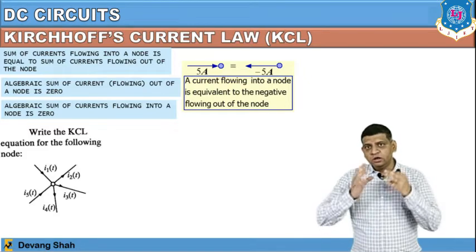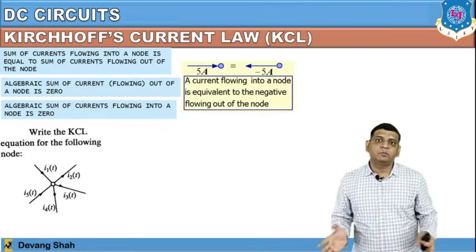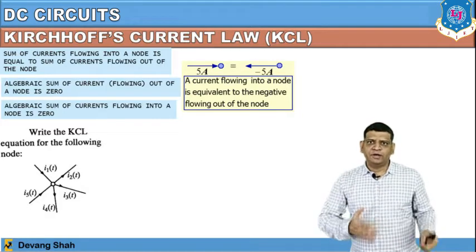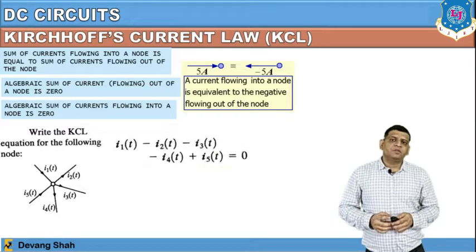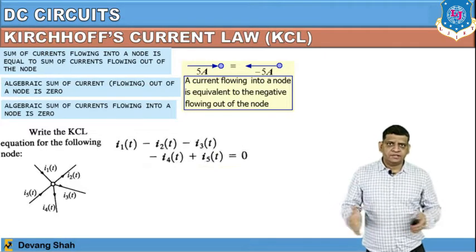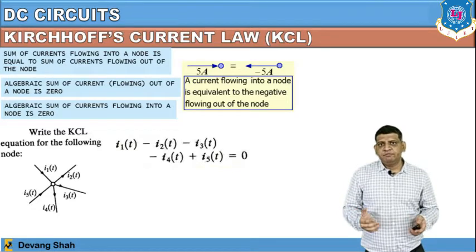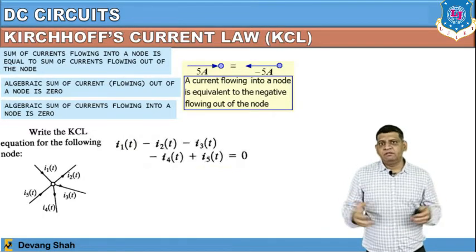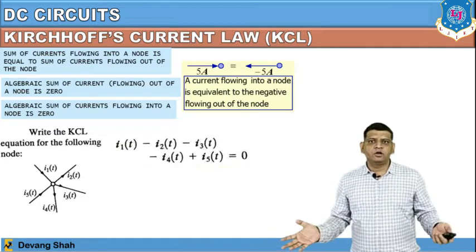So ultimately, the algebraic sum of current must be equal to 0 at a particular node. This is called the statement of Kirchhoff current law, right? So you can see in the circuit, 3 currents are leaving, let's say I2, I3 and I4 are leaving, and I1 and I5 are entering currents. So ultimately the sum of entering current is equal to the sum of outgoing current from the node.